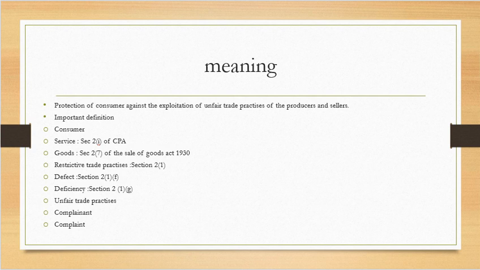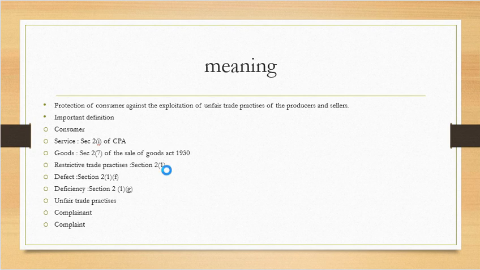It can mean any fault, imperfection, shortcoming, or inadequacy in the quality, nature, and manner of performance which is required to be maintained by or under any law for the time being in force, or has been undertaken to be performed by a person in pursuance of a contract or otherwise in relation to any services.